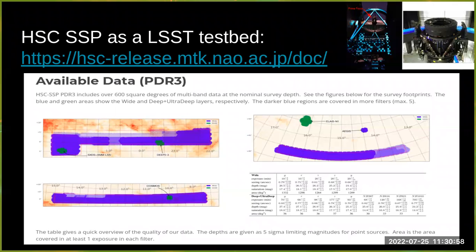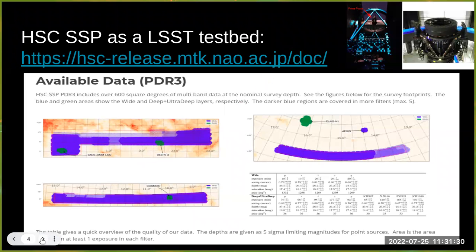And this is interesting because it's a survey with an 8-meter telescope, reduced with the same pipeline and producing similar data products like, for instance, cosmological products like weak lensing mass maps, photometric redshifts, galaxy cluster catalogs, and so on.